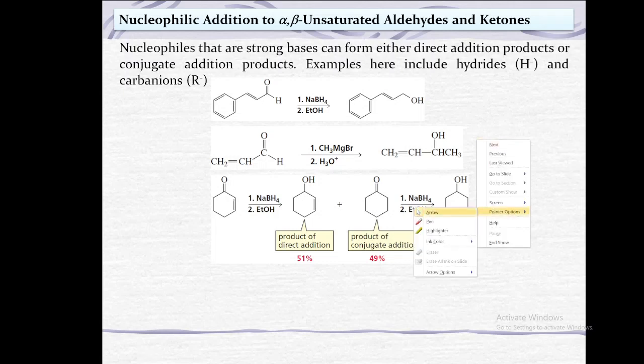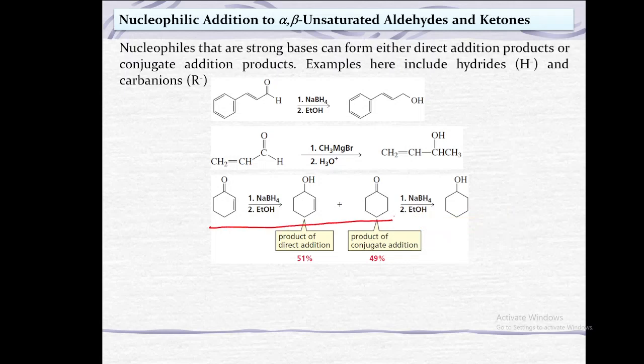Look at it. I want to show you something. If you look at this reaction here, we have two products. One that involves direct addition, and another that involves indirect or conjugate addition.